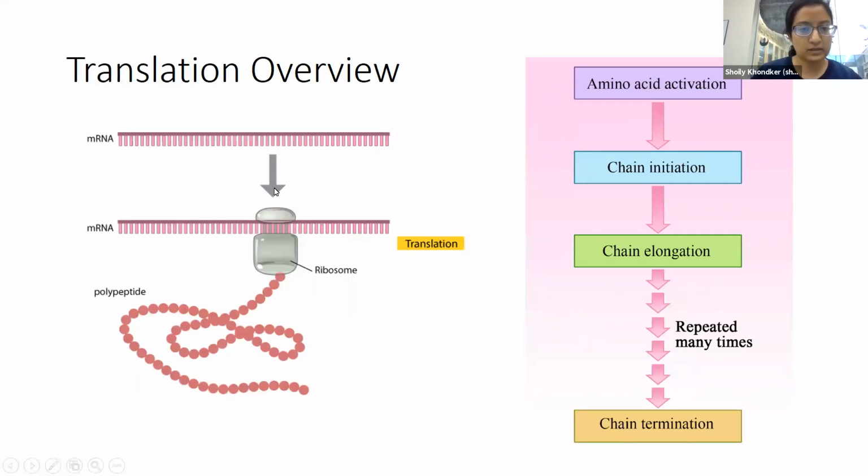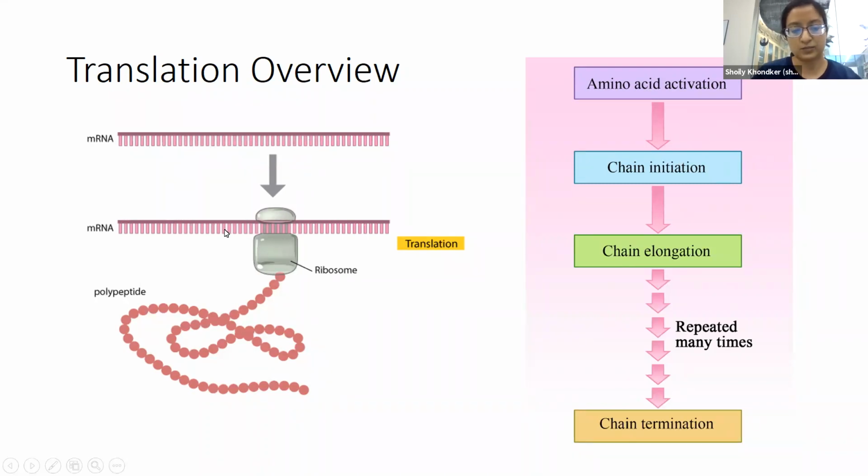So just going to go over a quick overview of translation. In translation, you start off with an mRNA transcript, and this is exported from the nucleus in the case of eukaryotes. In the case of prokaryotes, it's already in the cytoplasm. And then the ribosome, which is a complex of multiple proteins and ribosomal RNA, forms a complex around mRNA, which also involves the use of transfer RNA or tRNA.